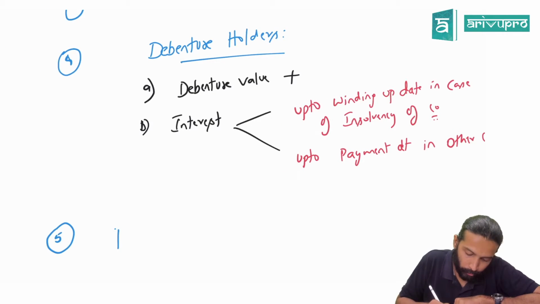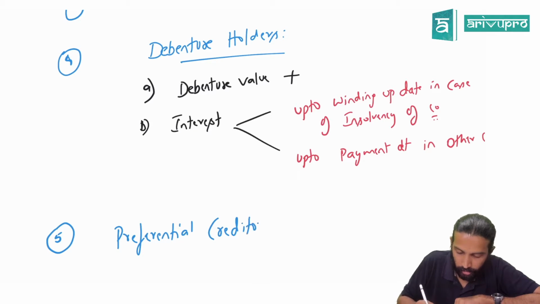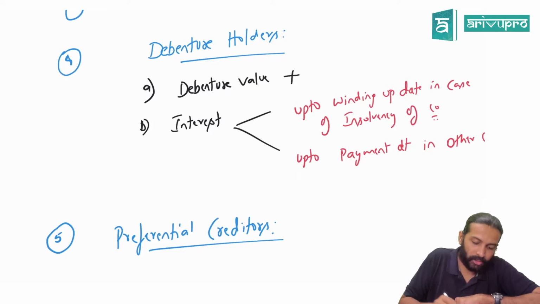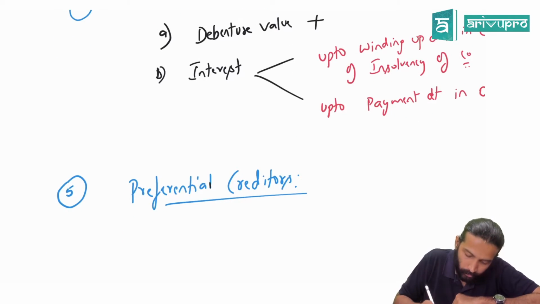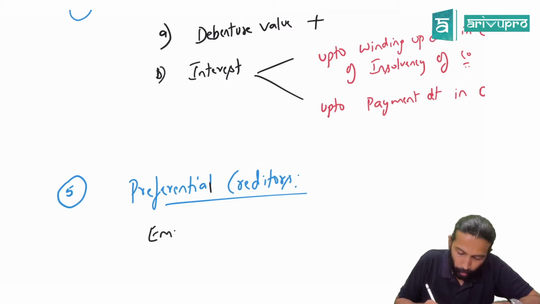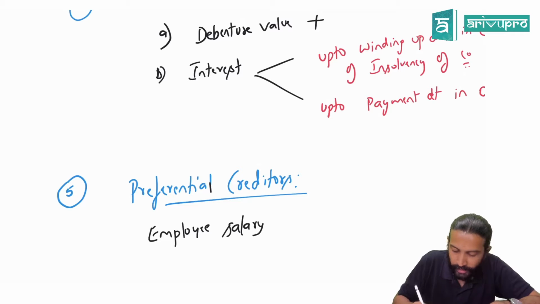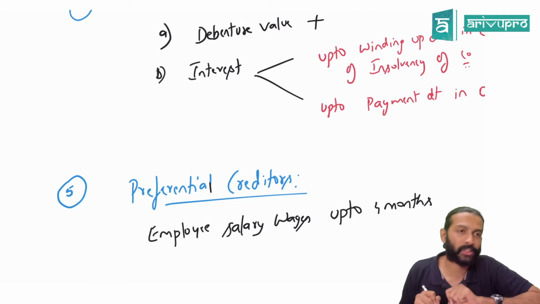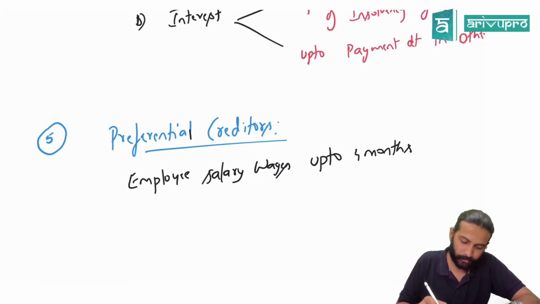Next, you write preferential creditors. Preferential creditors means employee salary or wages up to 4 months.